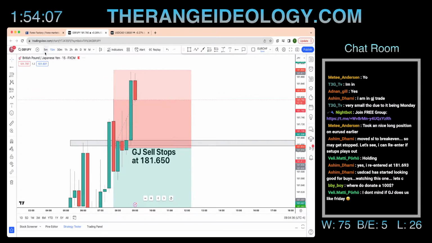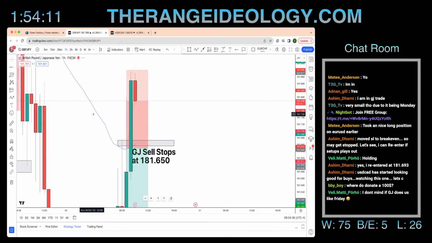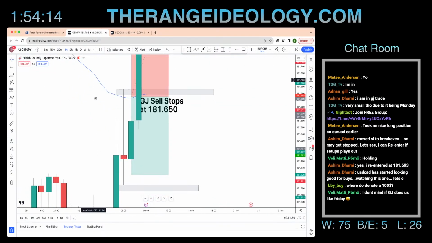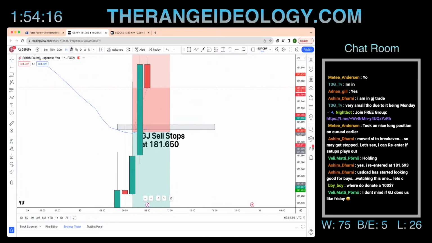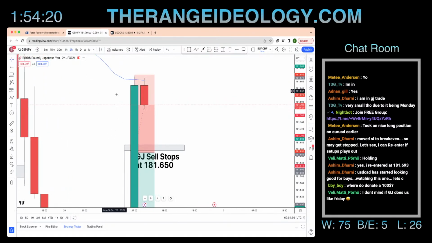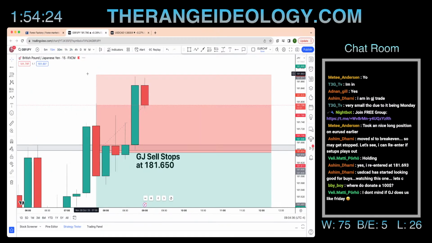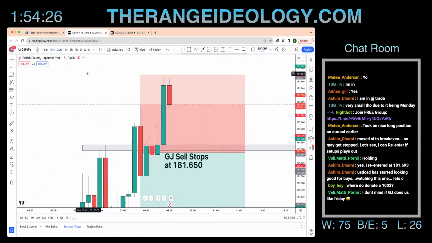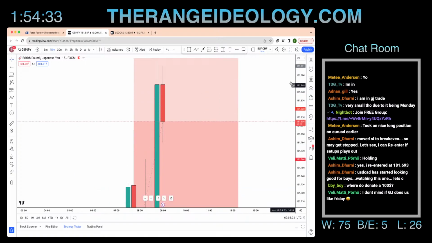Oh, both pairs are just pushing down right now. And GJ has that chance to move all the way down here. Should be pretty incredible here. Look at that. The 2 hour EMA did not stop us out. But does GJ have enough or no?